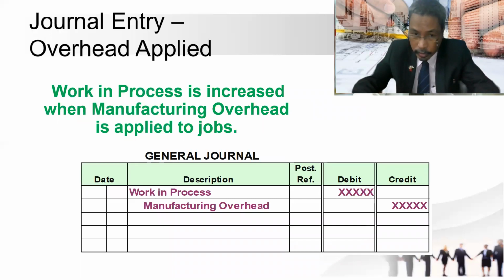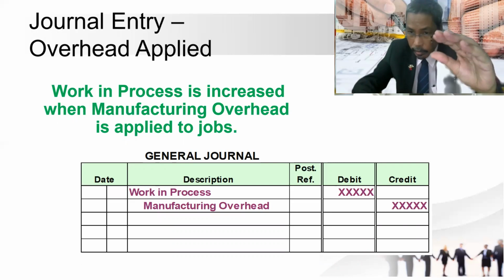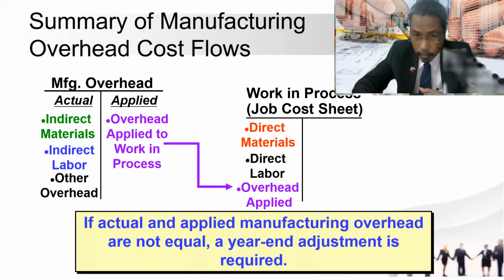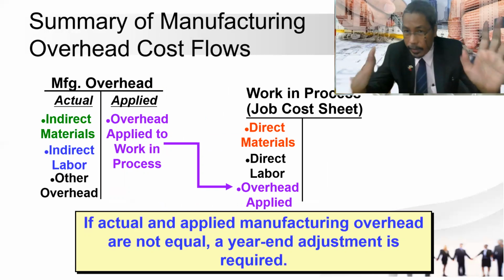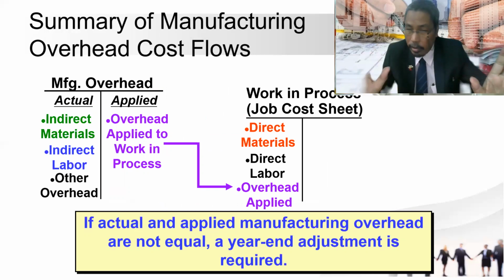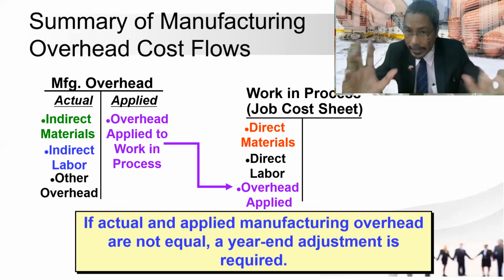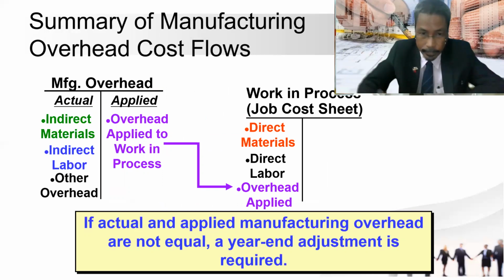You will notice that both of these, the work in process and the manufacturing overhead, are account names. Okay, let's take a look back. You can see here, manufacturing overhead and work in process. They are account names. They have separate T accounts, or they have separate ledger accounts. Okay, but they correspond to each other here.